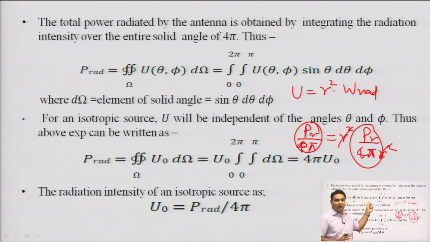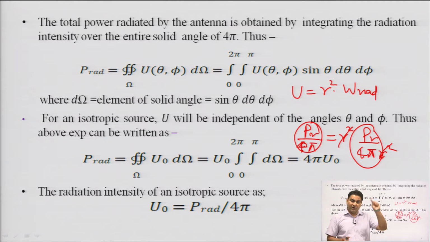The formula for total power radiated P rad is equal to the double integration of U theta phi d omega. It means integration is done with respect to theta and with respect to phi. What are the limits for theta and phi? They are different.